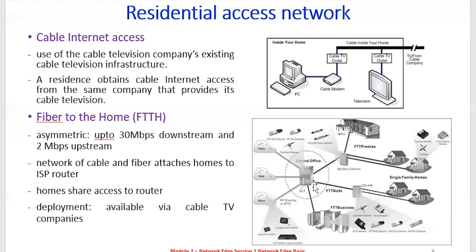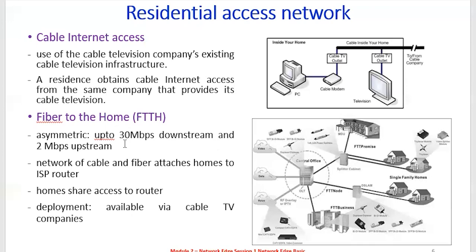Maybe in the third session, we are going to discuss various physical media used in the access network. At that time, we will tell you the advantage of optical fiber cables. So here in fiber to home, from the central office, individual fibers are coming to your home. Maybe some kind of intermediate devices will be used here, but each residence will be receiving individual fibers. That is the beauty of fiber to home.